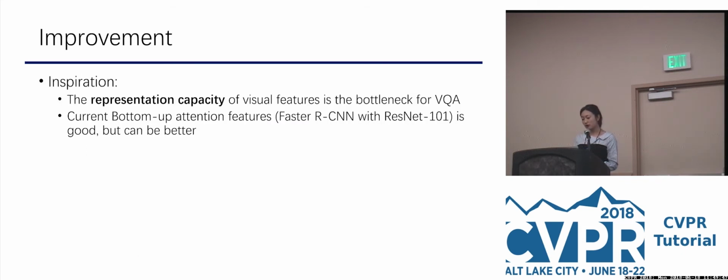Treating our reference model as a baseline, we want to have further improvements. From previous experiences, we have the inspiration that the representation capacity of visual feature is the bottleneck of the VQA problem. Although the bottom-up attention features is good, its backbone network is already not the state-of-the-art now.